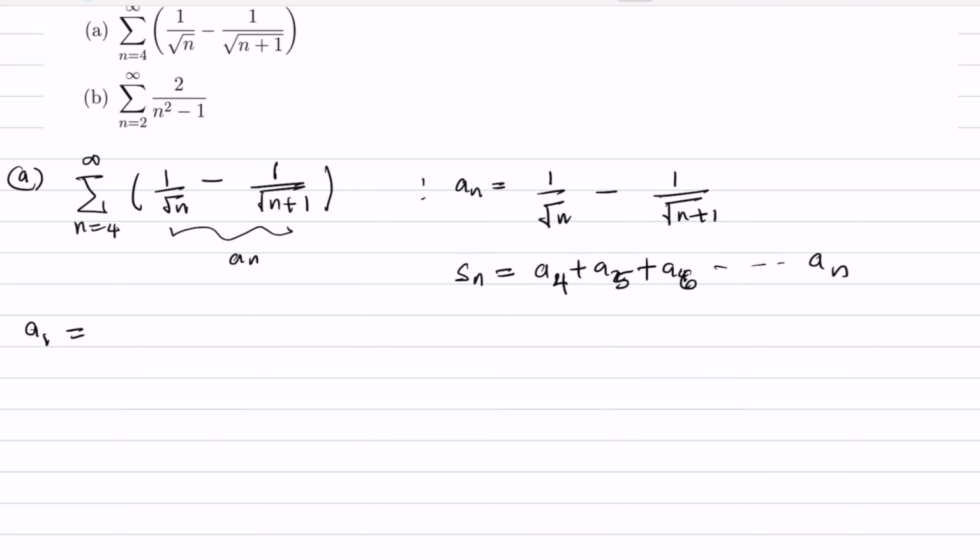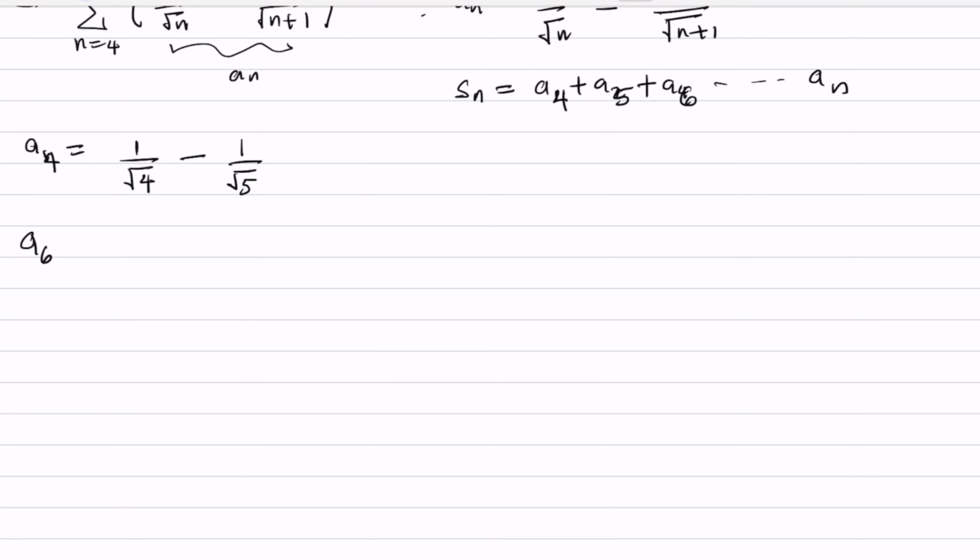All right, so let's write the first terms. A4 is 1 divided by square root of 4 minus 1 divided by square root of 5. A5 is 1 divided by square root of 5 minus 1 divided by square root of 6.